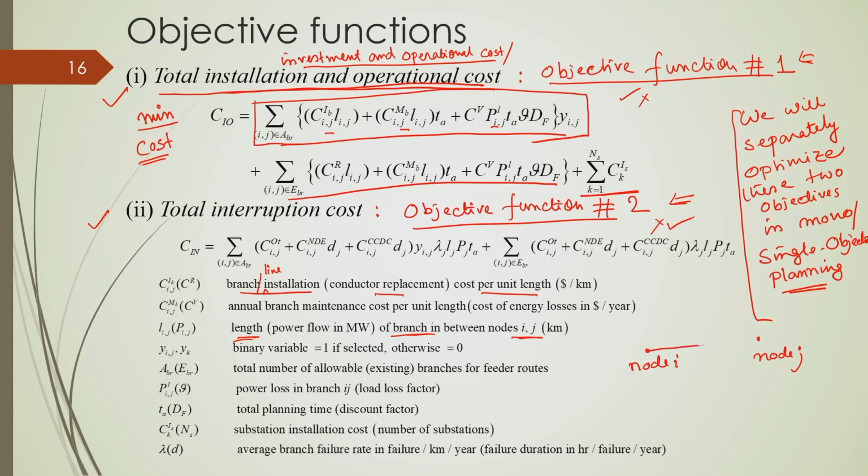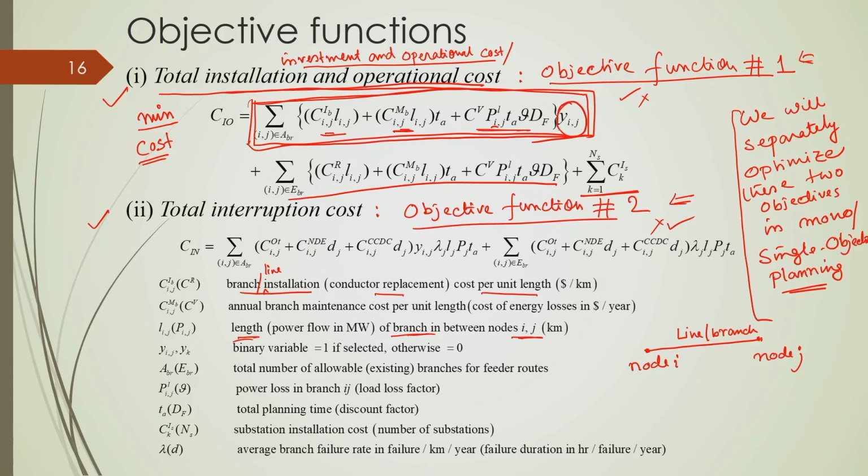Now, I need to construct a line or branch which connects node i to node j. Whatever cost is involved in constructing this line is included in this first cost component. So, this involves the line construction cost or line replacement cost, and also the cost of energy or power losses.